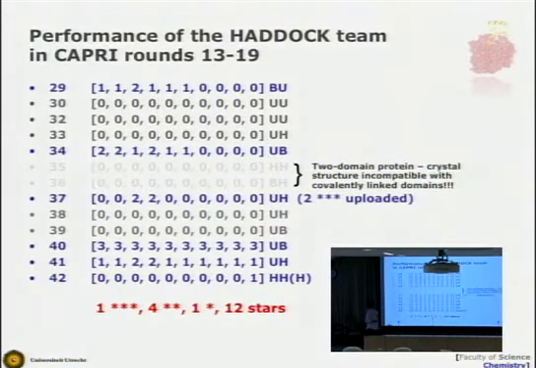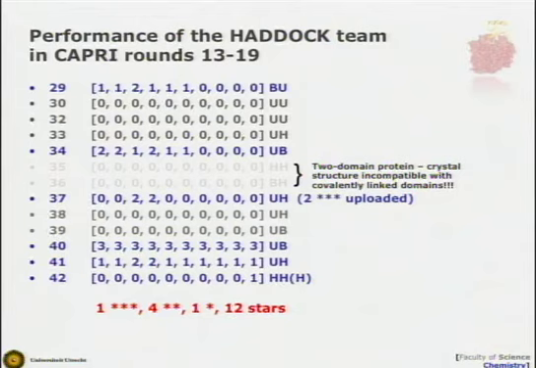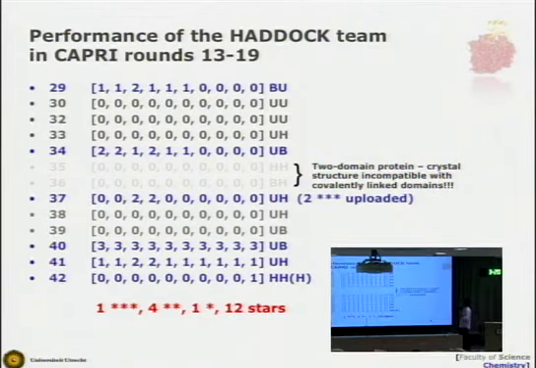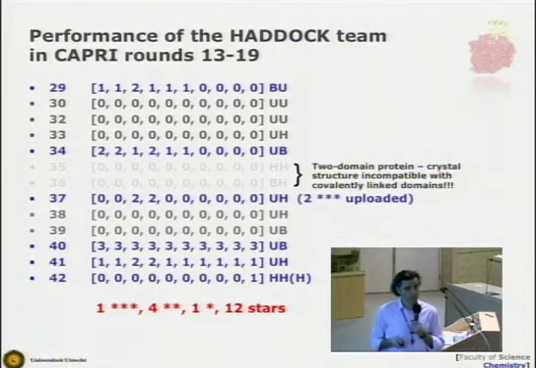So this is a summary of our performance in rounds 13 to 19. This was evaluated in the last CAPRI evaluation, and there was a special issue of Proteins published in 2010 about this. The blue ones are the ones where we were successful. You see here our number of models, from 1 to 10.